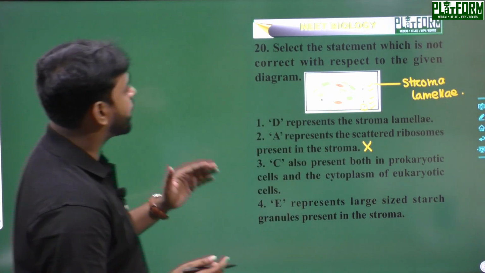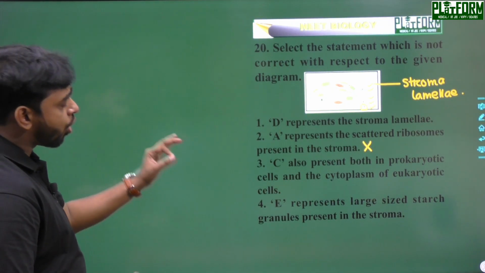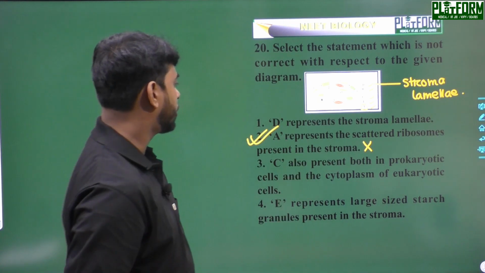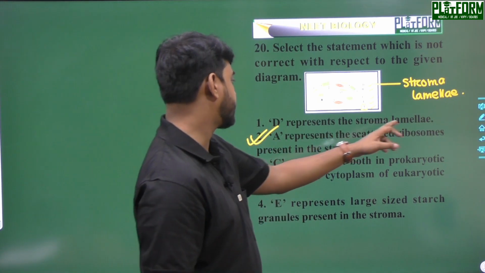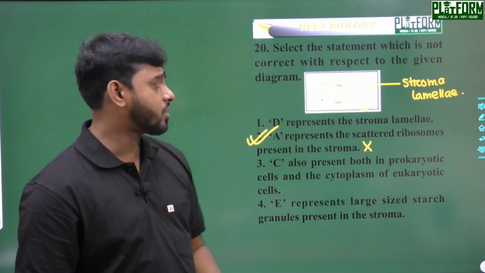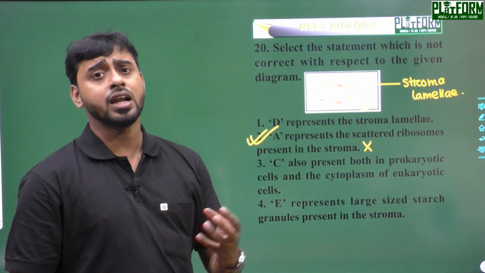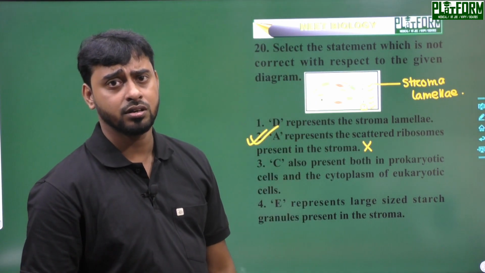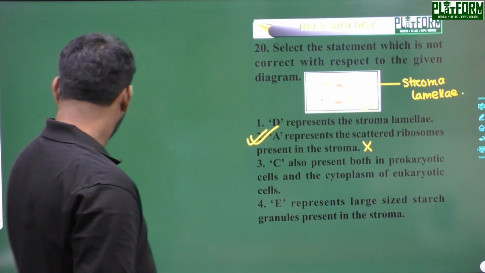So in this particular diagram, the wrong statement is option 2. Here A represents the scattered ribosome present in the stroma. A is not the scattered ribosome. A is actually the lipid droplet which is present inside the chloroplast. Okay?